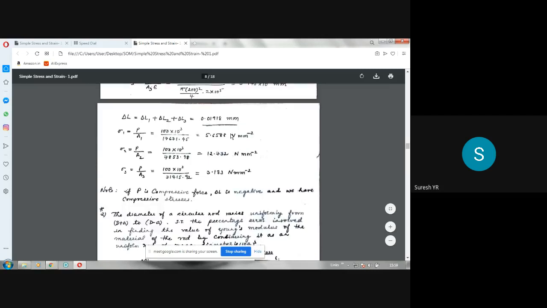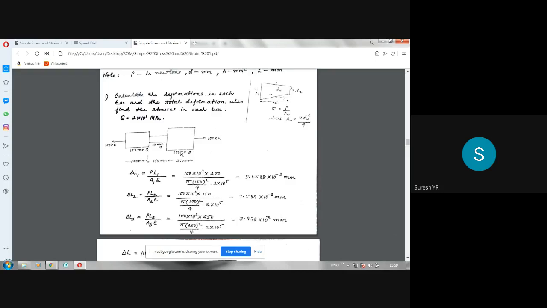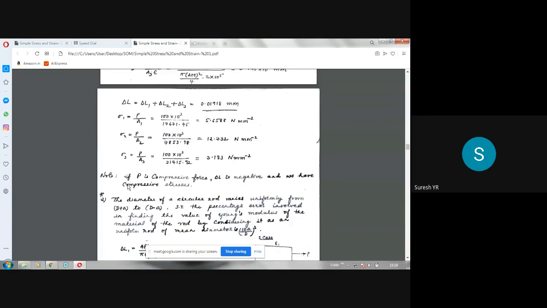So in this problem, force is the same, diameter is different, length is different, Young's modulus is the same. P and E are constants, whereas length and area are variables. He has asked for deformations in each bar as well as the total deformation. Suppose the force P is compressive, then delta L is negative and we have compressive stress.